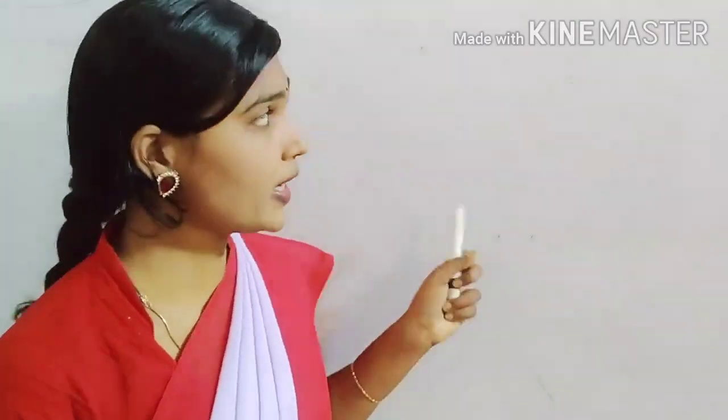Okay? So what do we know from types of reflection? We know that when a ray of light falls on a reflecting surface, it gets reflected. But the amount and direction of the light reflected depends upon the nature of the surface. So, depending upon the nature of the surface, there are two types of reflection. First one is regular reflection and second one is irregular reflection. Here is a question.